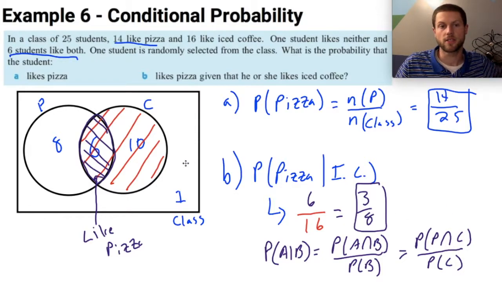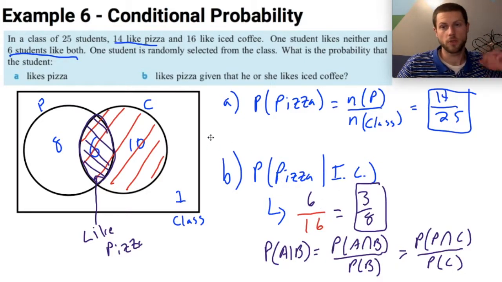Well, you can look, that's really the same thing that I came up with. Being in pizza and iced coffee, that's that 6. That's the intersection of those two things, divided by the number of people who just like iced coffee, and that's 16. So that's another way of coming about that 6 out of 16.